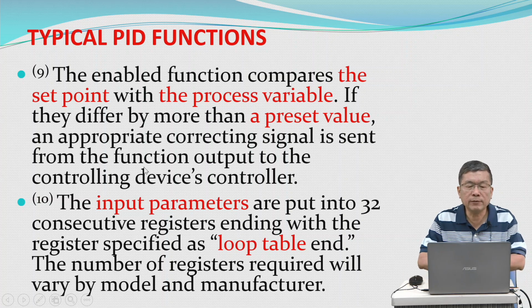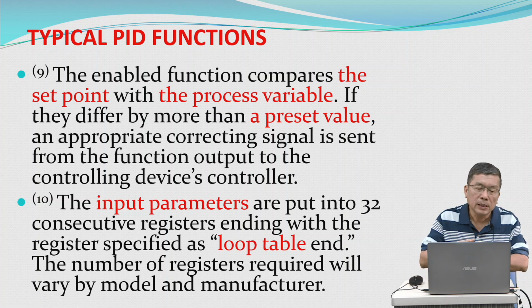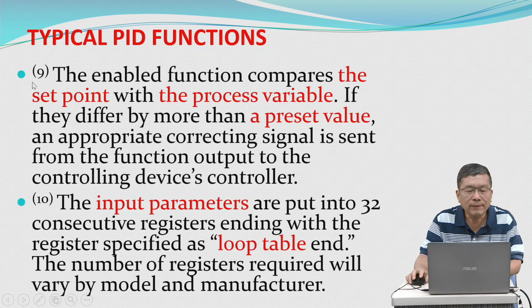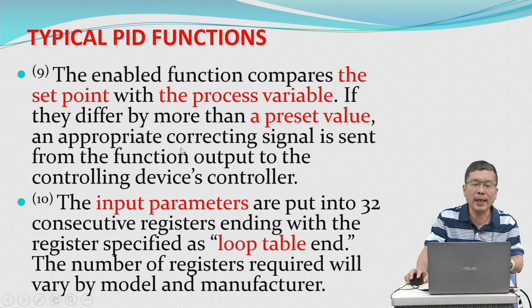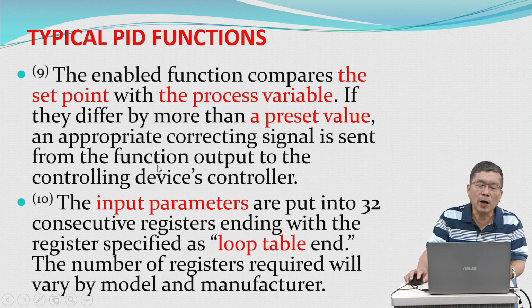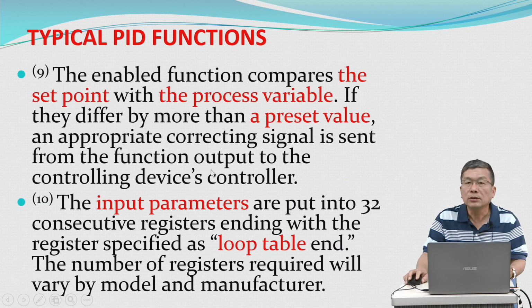Typical PID functions. The enable function compares the set point with the process variable. If they differ by more than a preset value, an appropriate correcting signal is sent from the function output to the controlling device controller.